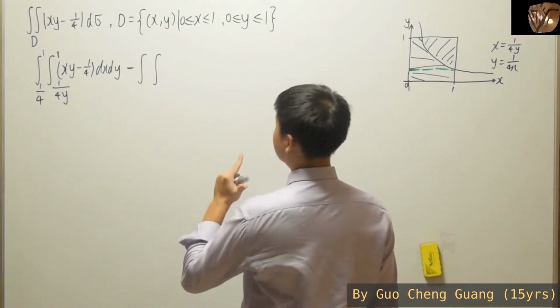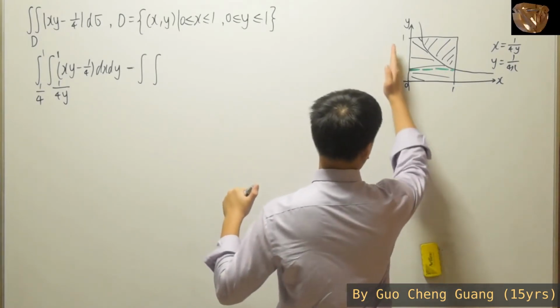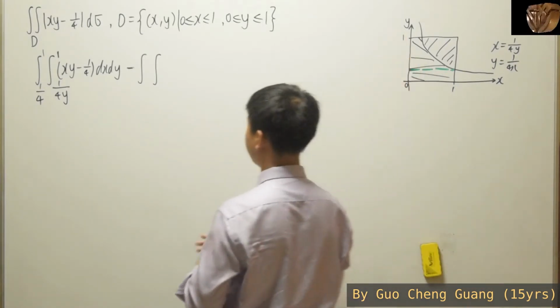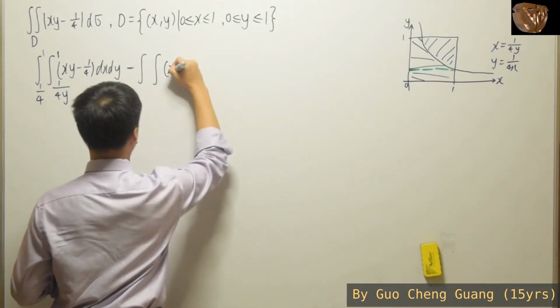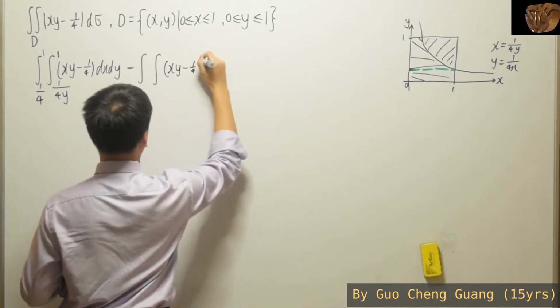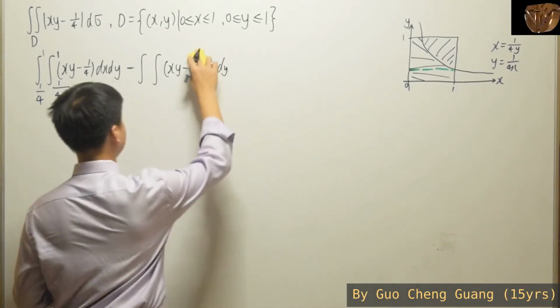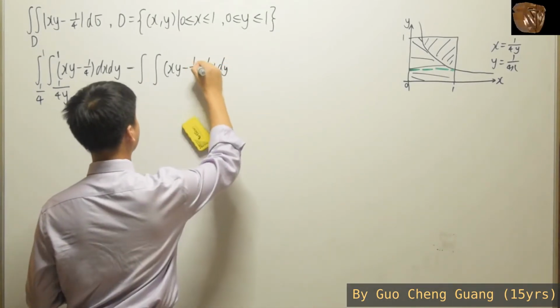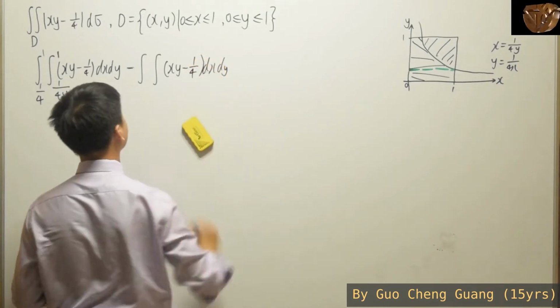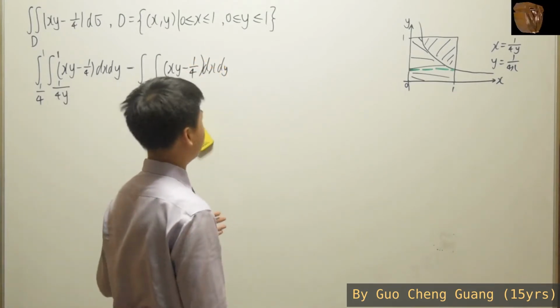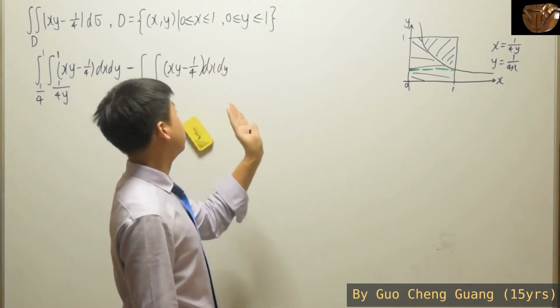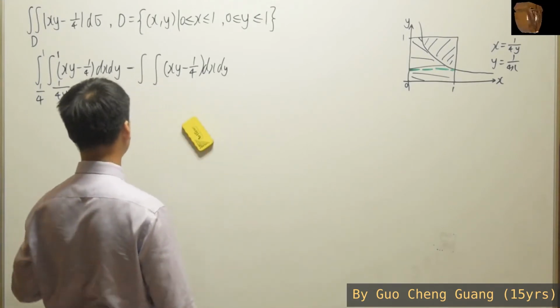Let's take a look at this. How about we look at from the straight line to the curve first. So we have xy minus 1 over 4 dx dy. So from your straight line to your curve, what will you have?